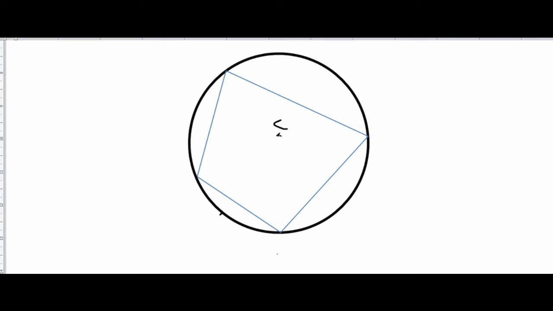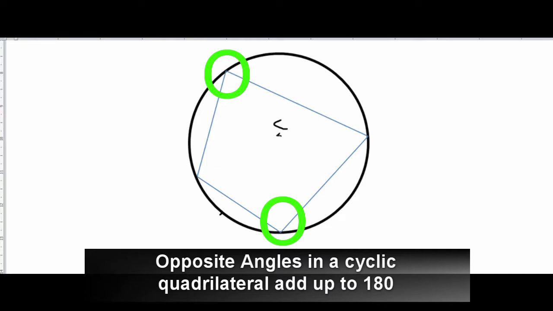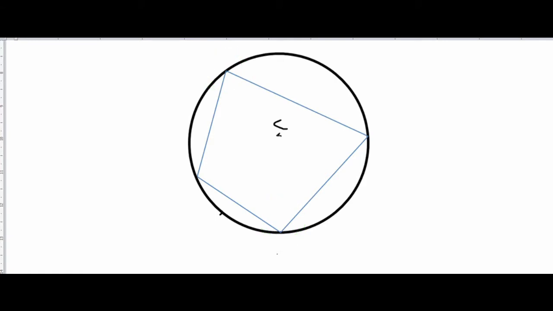Okay, so the last theorem that I would like to talk about is that opposite angles in a cyclic quadrilateral add up to 180. A cyclic quadrilateral is just a quadrilateral that is inscribed in a circle, as seen on your screen.